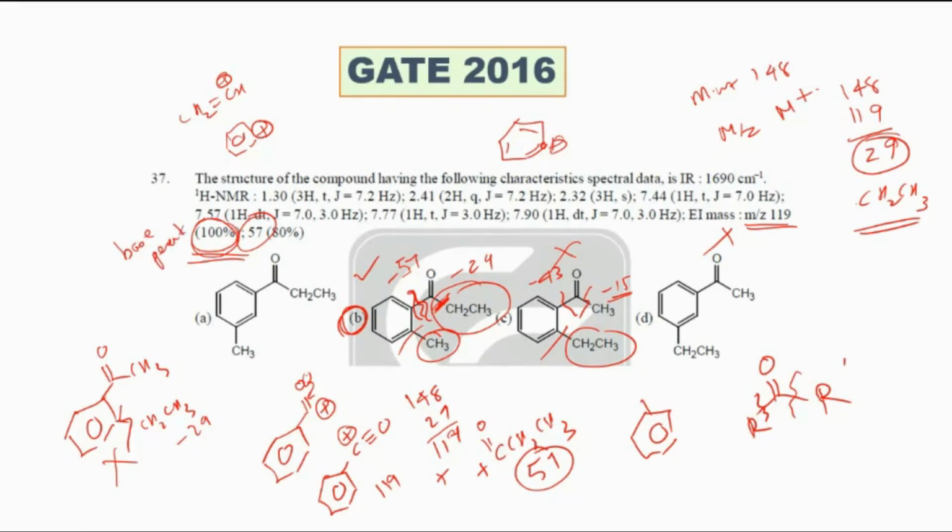100% base peak. So this will result in the formation of this particular cation.